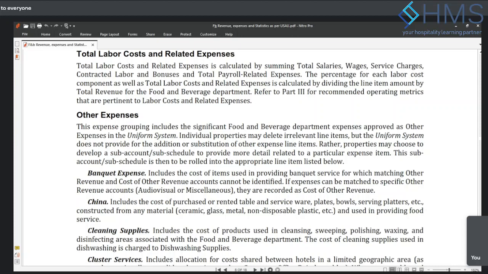So maybe there is, let's say, a function where 100 glasses are broken. Next month, you need to buy 100 glasses. So where will the cost of those 100 glasses go? Whether it will go to the FFE, whether it will go to flatware and P&L, or whether it will be charged to the provision.